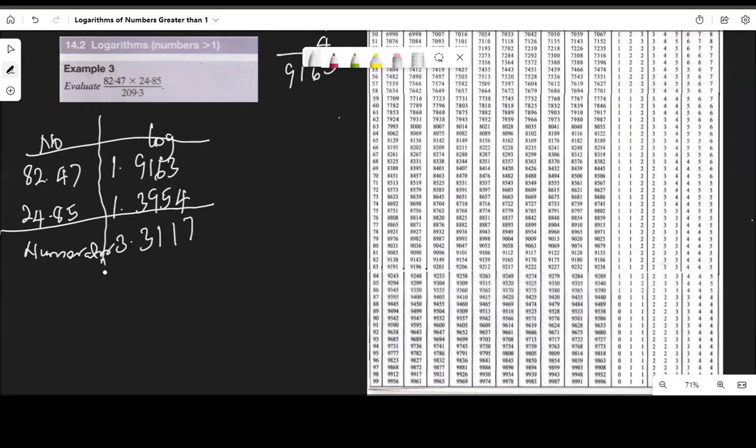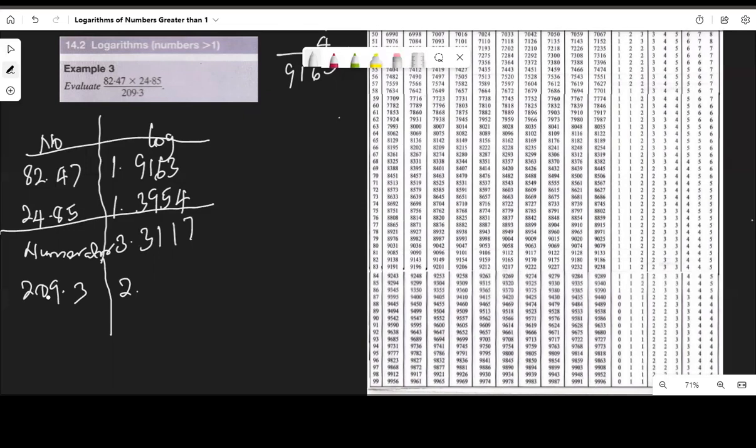I'll work on the denominator now, which is 209.3. In this case, the characteristic is 2 because we have 3 digits before the decimal point. 3 minus 1 is 2.